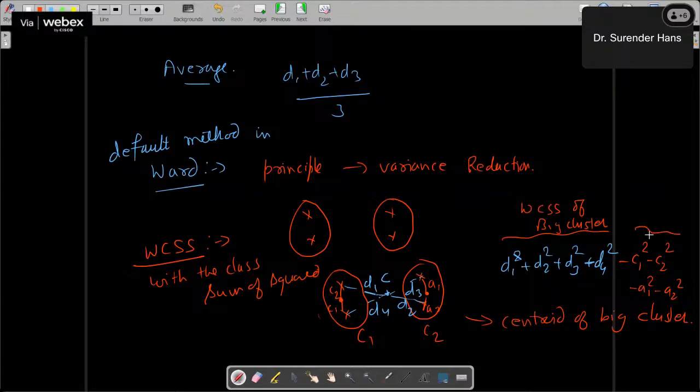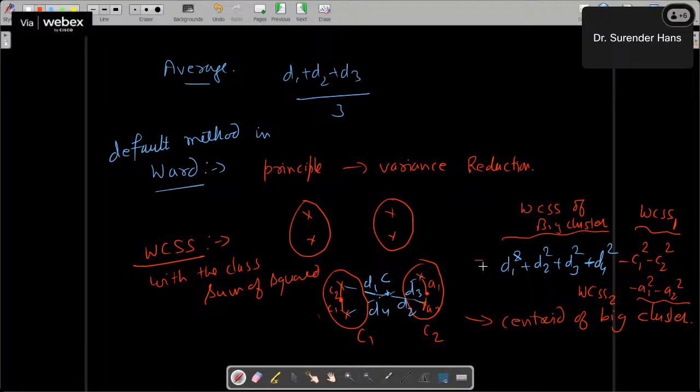Then this one is the WCSS of this C1. Okay, so WCSS 1, and this one is WCSS 2. So this is the left hand side, and this one is the right hand side. Okay, so the point is, this is the gain in variance.